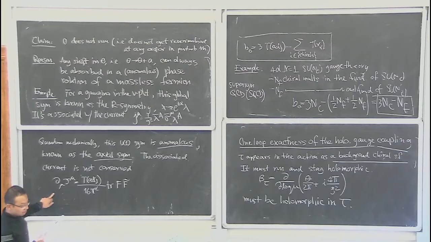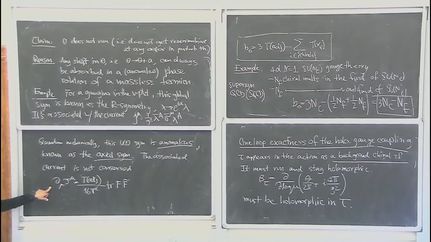Okay, so d mu J mu equals, this J is the current corresponding to this U1 symmetry, T of adjoint over 16 pi squared trace F F tilde. F tilde is just the star of F, if you want, okay? So you're familiar with this, I hope, right? If you're not, okay.